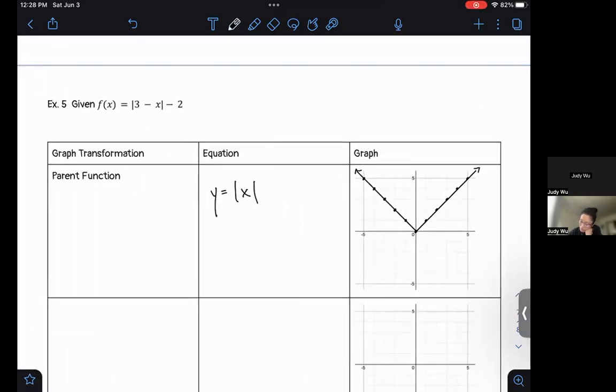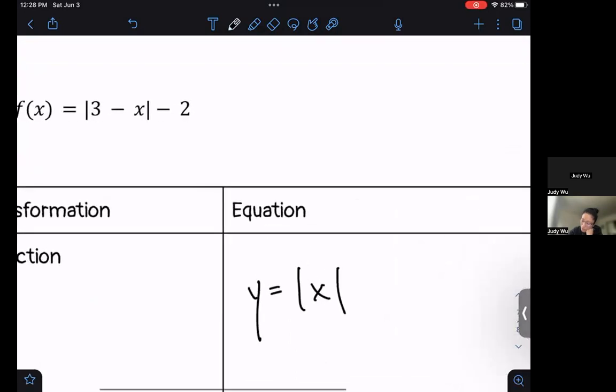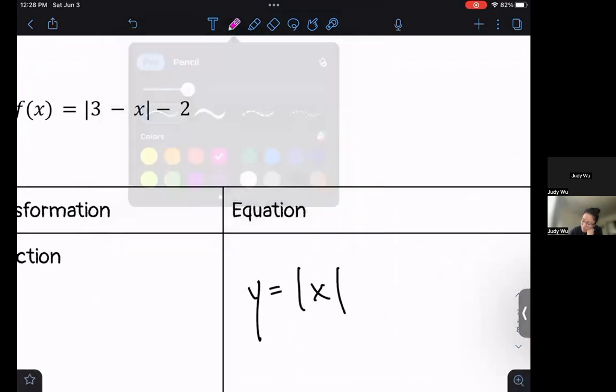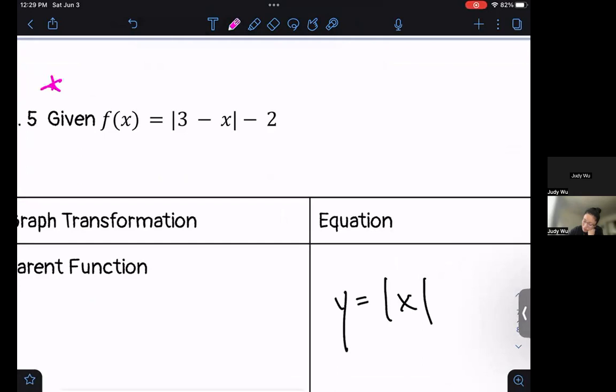That's our absolute value. Now, before we do anything else to this, I want to bring a lot of attention to this, okay? This minus sign and how we have the x right after that, that is a clue that we actually need to rewrite what we have.